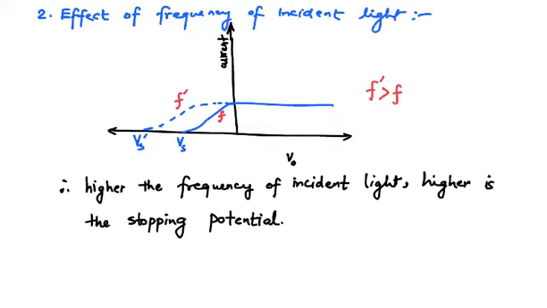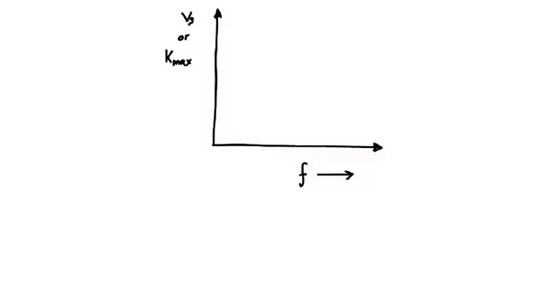Now if we keep varying the frequency and keep measuring the stopping potential, we can get a plot of stopping potential versus frequency, and we will see that it varies linearly. If we extend that graph, we will see that it reaches zero stopping potential at a certain frequency f0 that we call the threshold frequency.